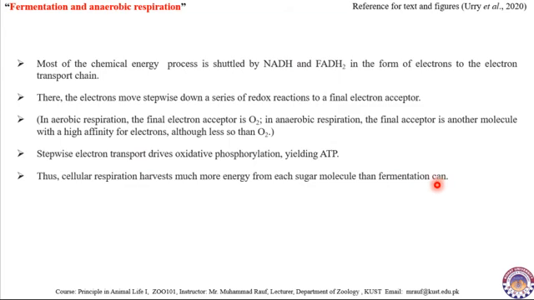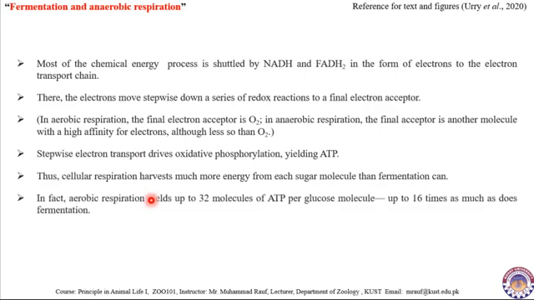So the 3 processes which we discussed in the previous slides are fermentation, anaerobic respiration and aerobic respiration. The most efficient ATP producing pathway is aerobic respiration.